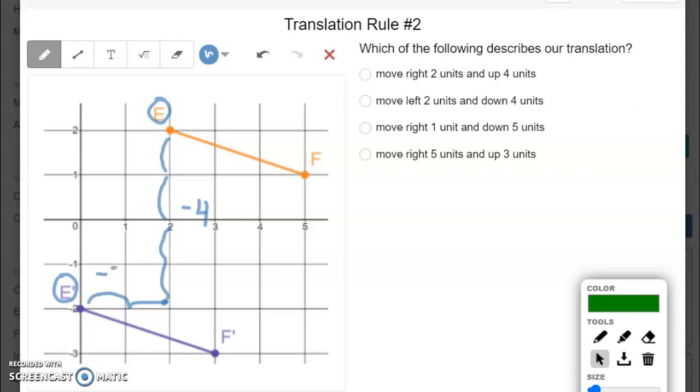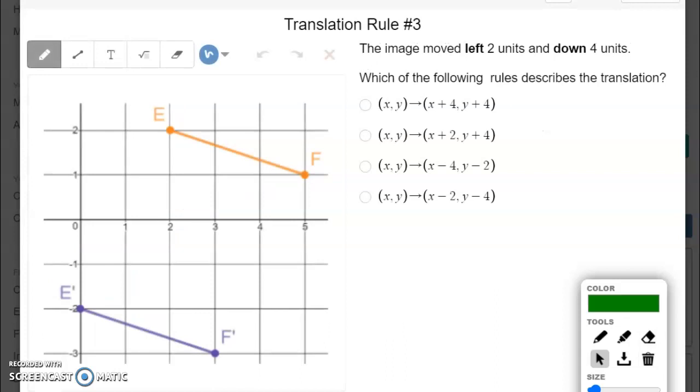So we can say it's going to the left or -2. Or going down by 4 or left by 2. So move left by 2 units and down by 4 units. So that's going to be my correct choice. Okay, image moved left 2 units and down 4 units.